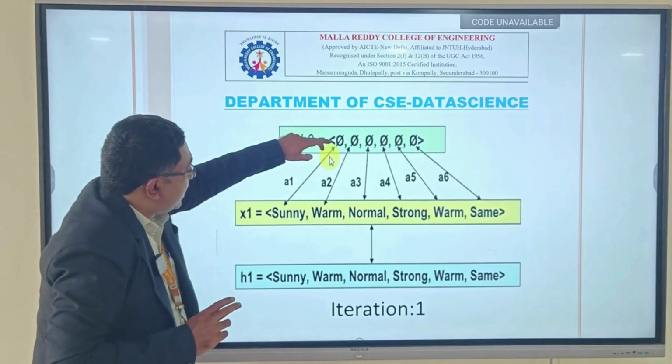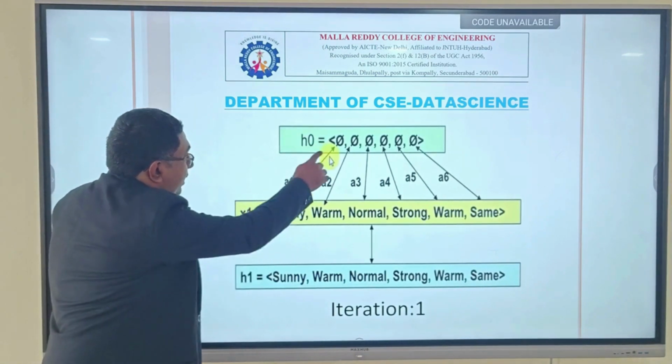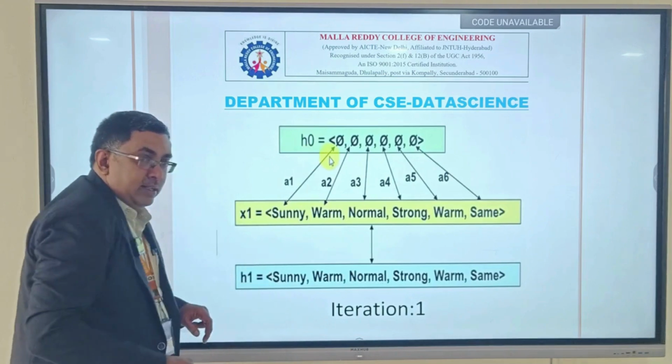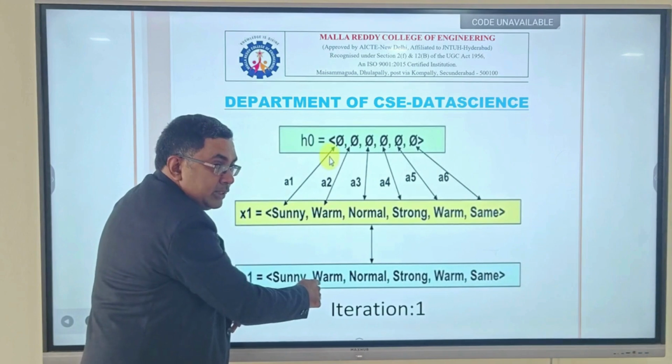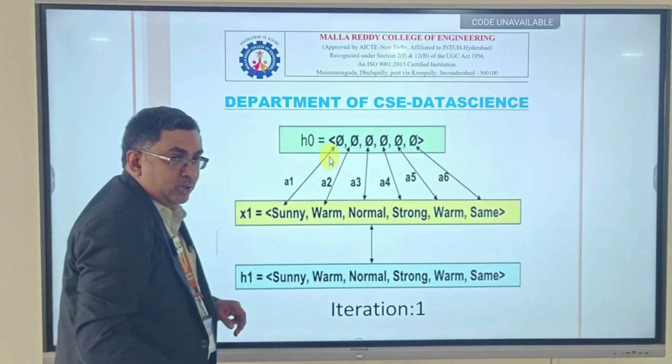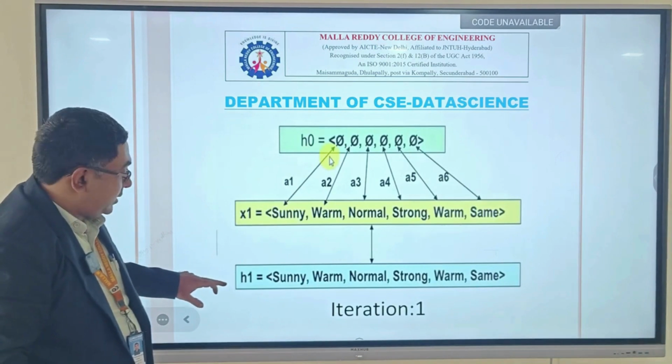The null symbol does not match the attribute sunny, so I replace it with sunny. Here also it is not matching, so I replace it with the specific value warm. And so on. If you write this, it will be the next hypothesis, H1, iteration 1.